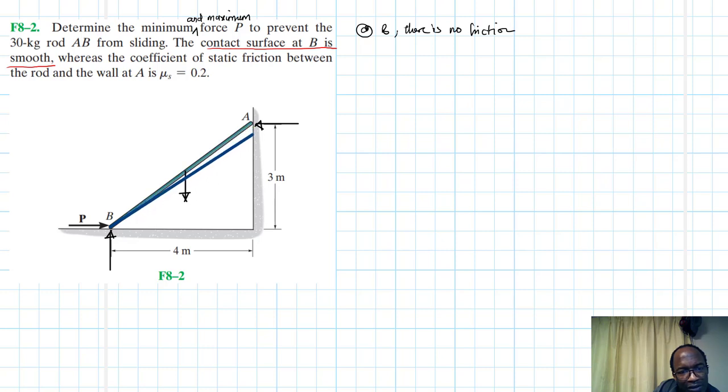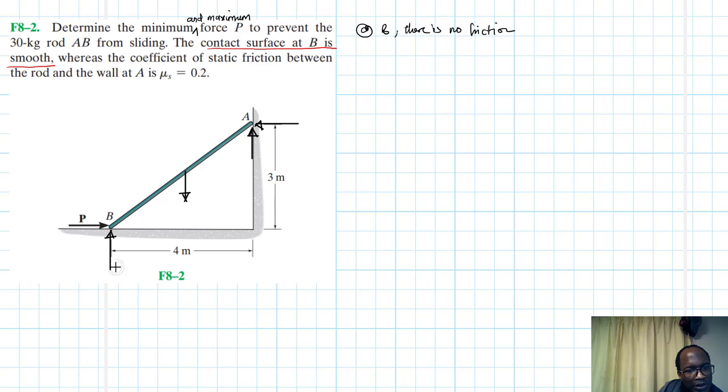This will allow us to calculate the minimum value of P. If it was to move there, therefore friction will be going where? Up. So our friction here will be going up, like so.